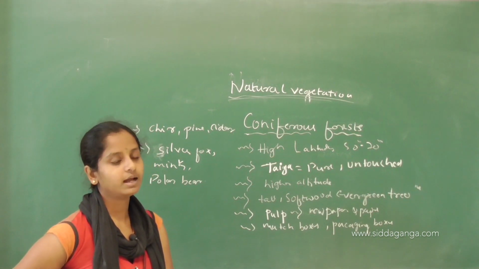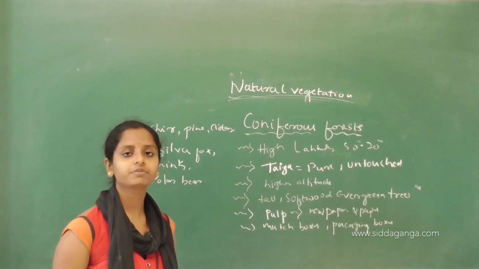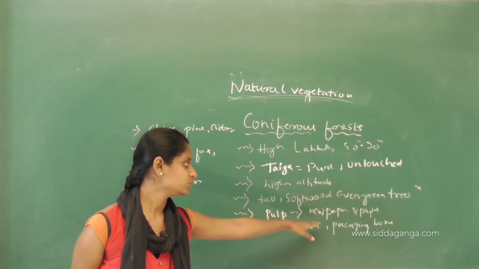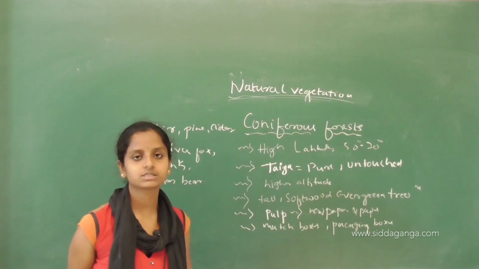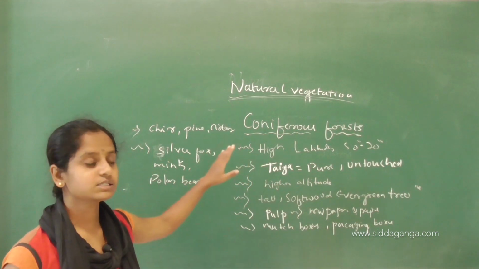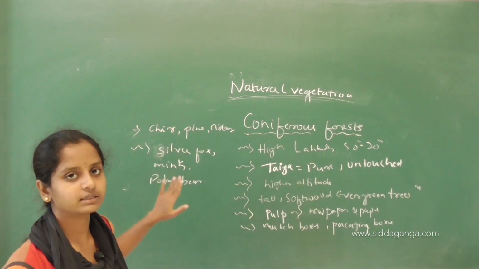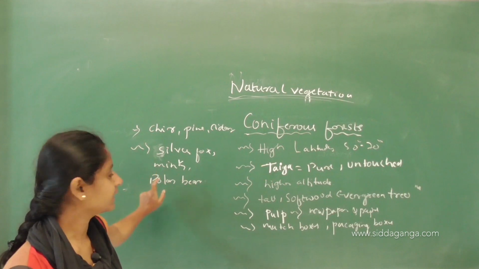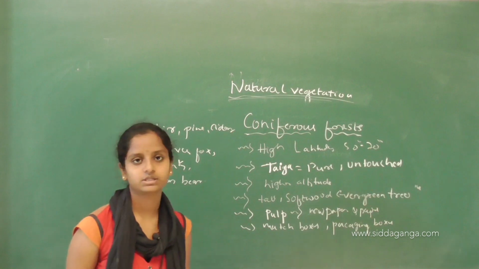These are tall softwood evergreen trees, and the pulp can be used for newspaper and paper preparation. The match boxes and packaging boxes can also be prepared from the trees of this coniferous forest. The trees are cedar, pine and chir, and silver fox, mink and polar bear are the animals we can see here.